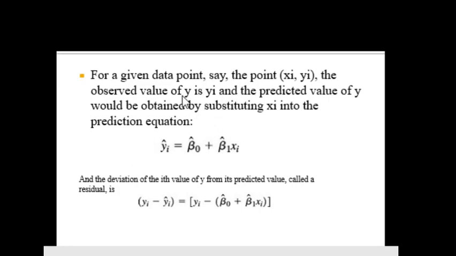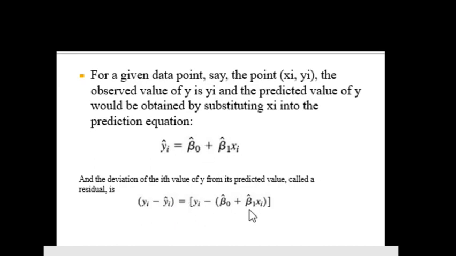If we use this prediction equation and plug in this value of xi, then yi hat will be the predicted value. That will be the point on the line. The difference between these two, the one that we have observed and the one on the line, is our deviation, or the residual. So the deviation of the ith value is yi minus yi hat.